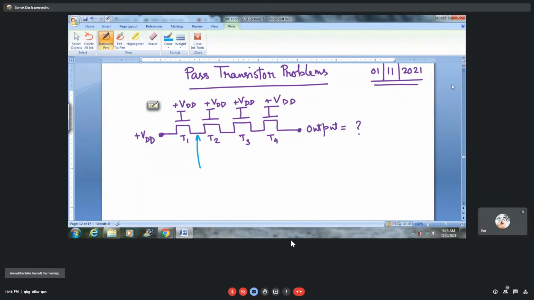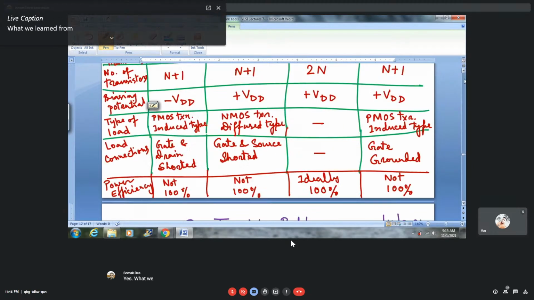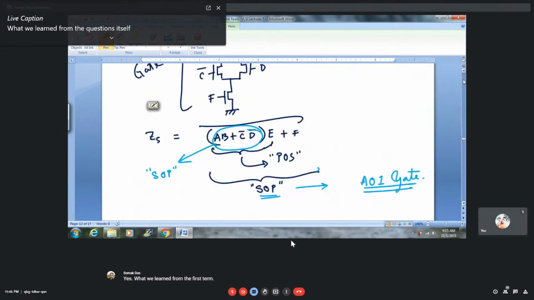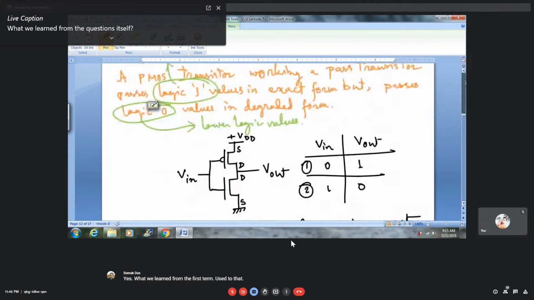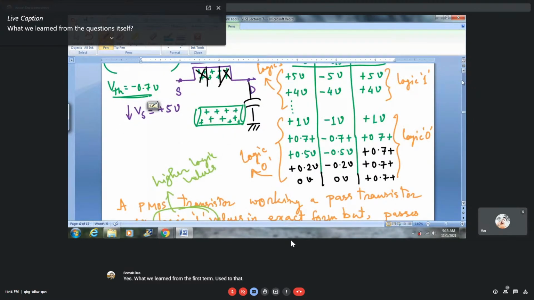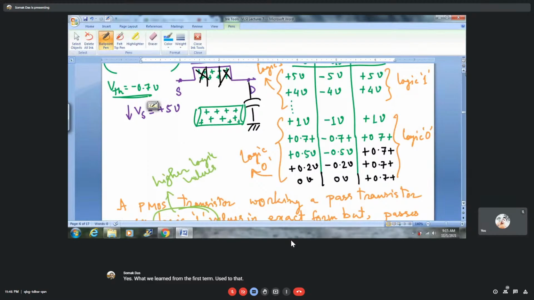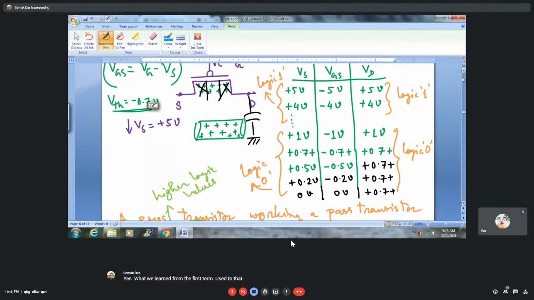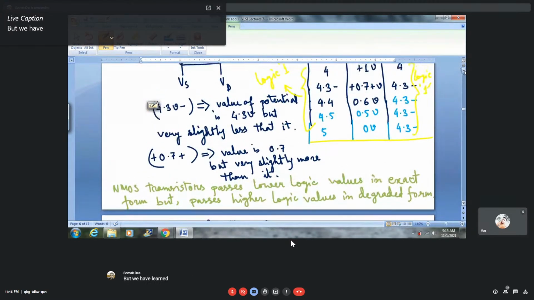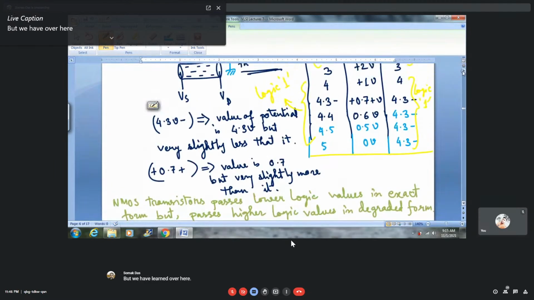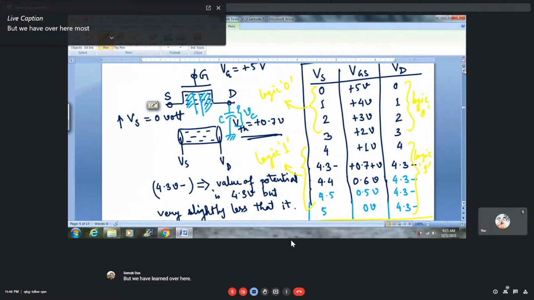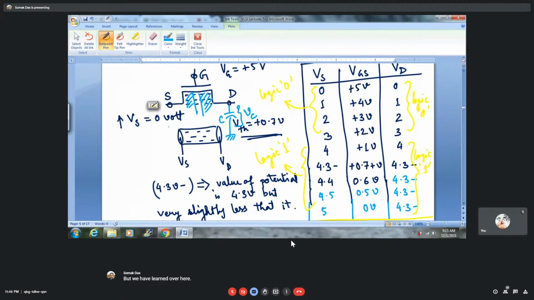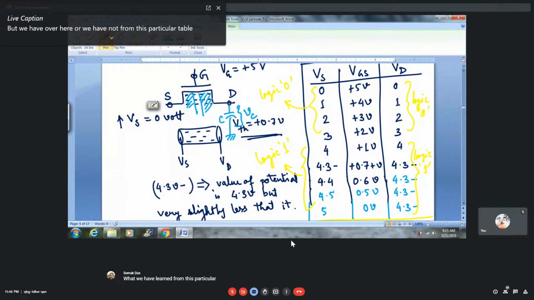Yes? What we learned from the first transistor circuit. Move to that particular class. So we have learned over here, NMOS transistor working as a pass transistor. What have we learned from this particular table?